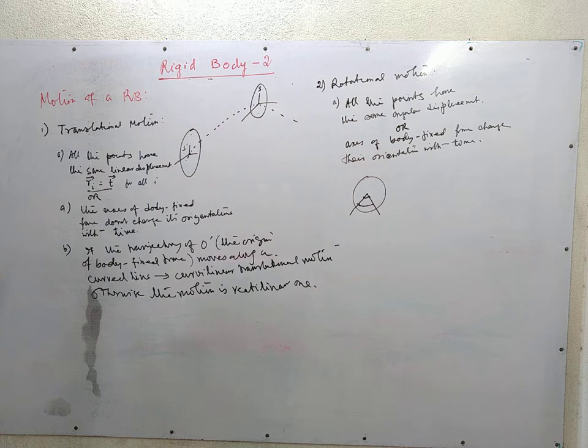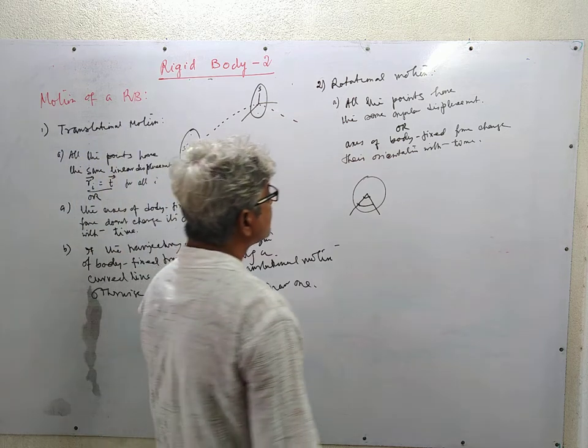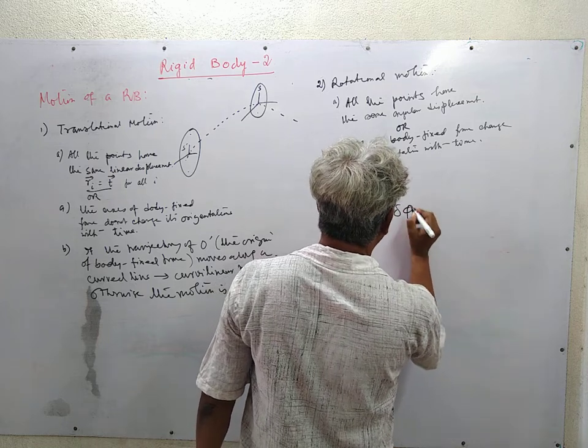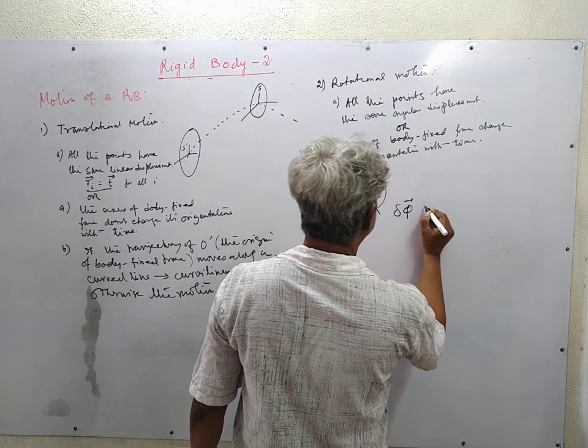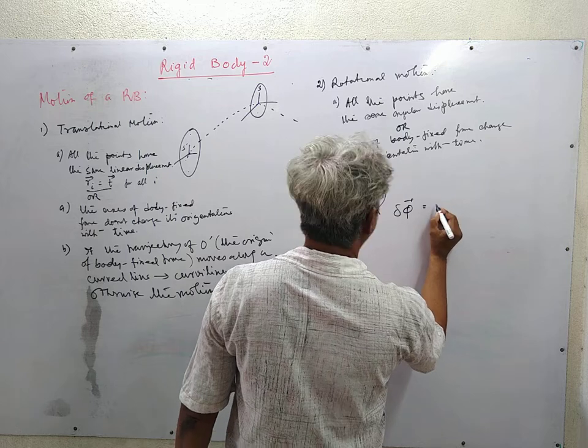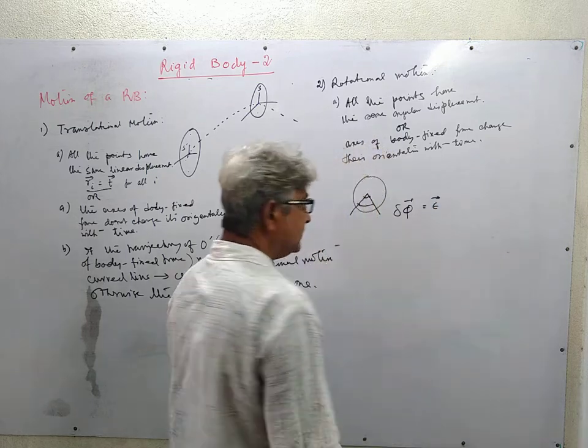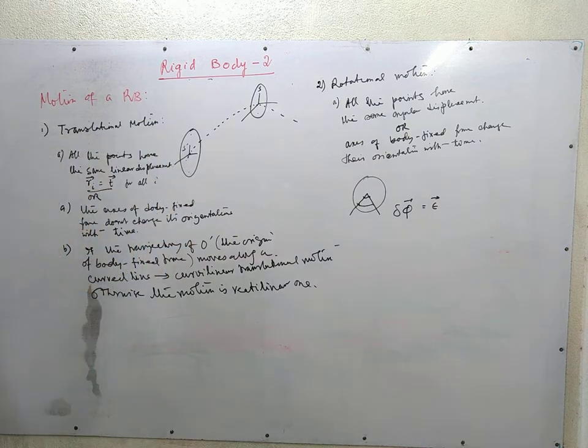This is the rotational motion, pure rotational motion. So delta phi is the same, and we call it, say, epsilon. Angular displacement is the same. This rotation in general takes place about an axis.